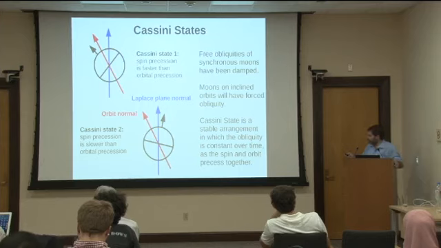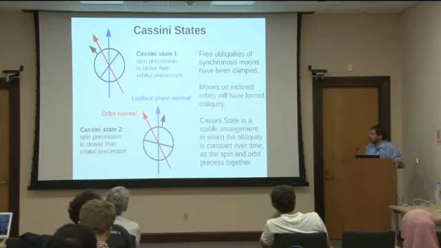In that case, the spin axis here, black, cannot follow the orbit normal, but kind of stays close to the Laplace plane normal. So as the orbit normal is precessing around, the spin axis stays close to the Laplace plane normal, which is the ecliptic in this case. And the Cassini state dictates that these three are in the same plane.